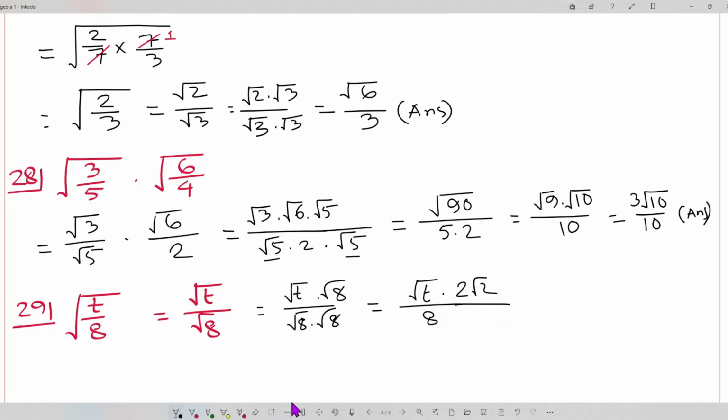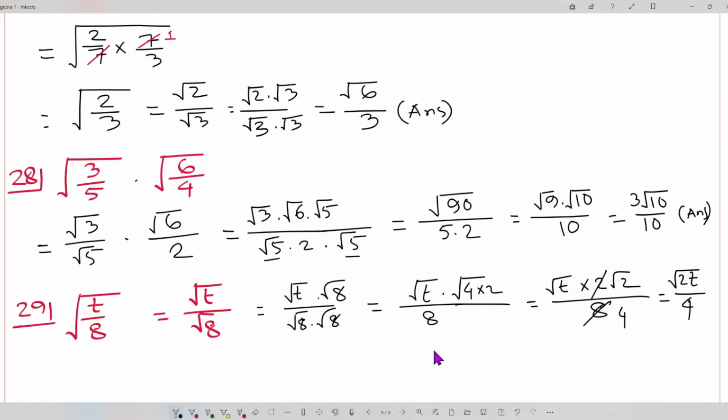How? Better we explain like root 8 means root of 4 times 2. So root t times root 4 means 2, and here is root 2 divided by 8. So 8 divided by 2 is 4. So our answer is root 2t divided by 4.